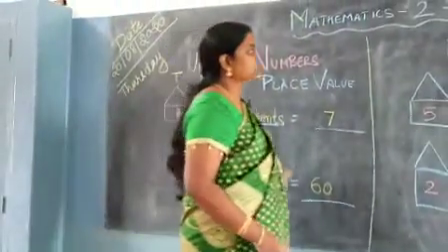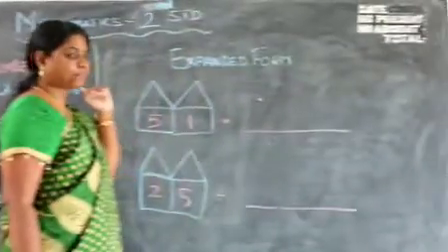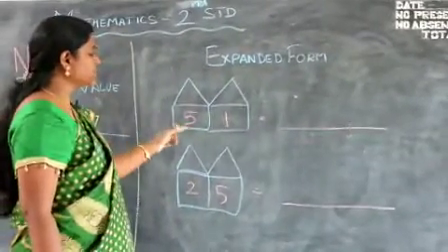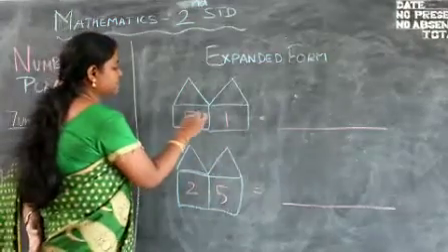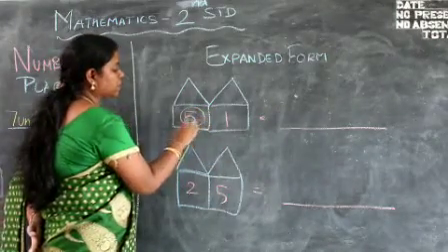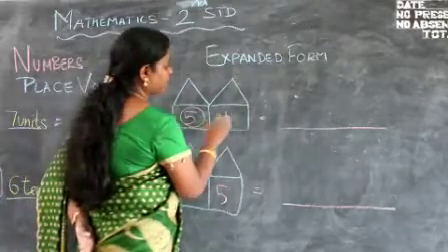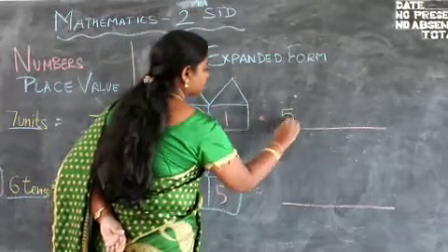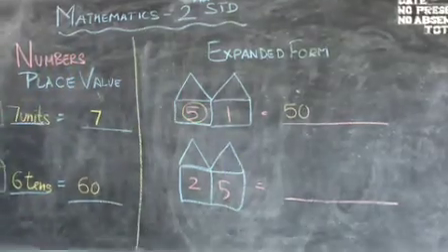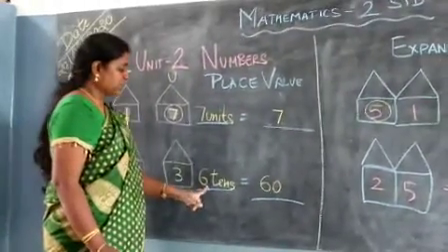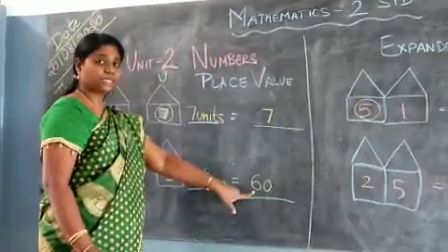Now let's come to the expanded form here. In the expanded form, the first number we have is 51. You learned if I circle 5 over here, you are going to represent this 5 in tens form as 50. Isn't that right? That is what we did here, right? Because 6 was in the tens position, we wrote 6 tens, which is equal to 60.